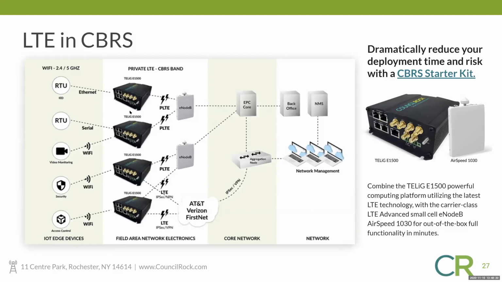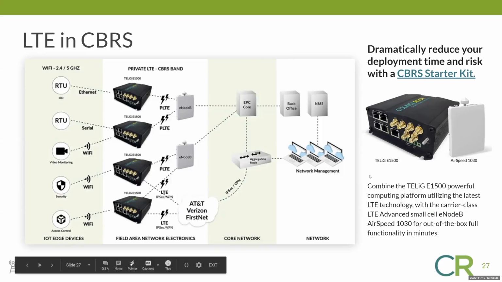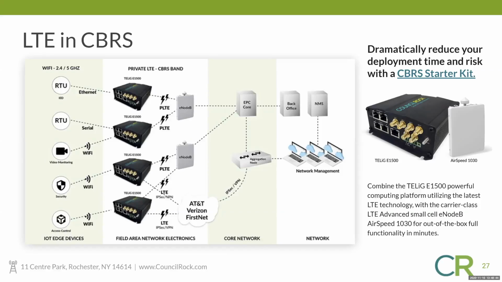So the idea is if it's an LTE network, you have to have all of the elements that make part of the LTE network. You need an EPC core, and you have all your management network and everything on the back office. But what's important is that what I show here as an eNode B, that's a category A or category B device.